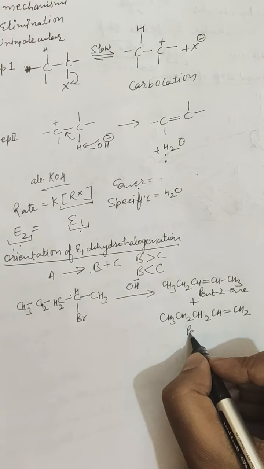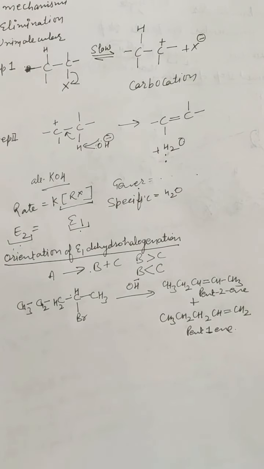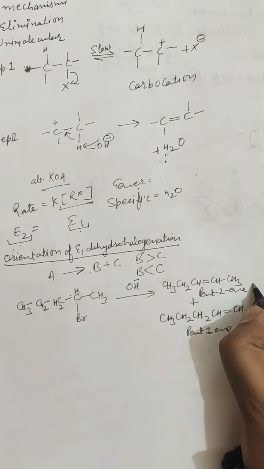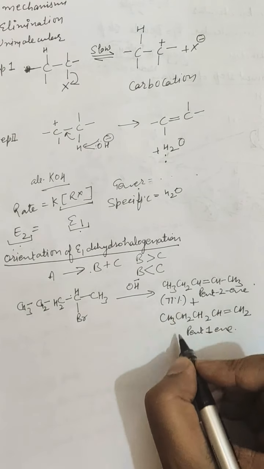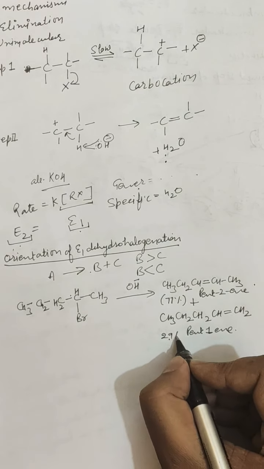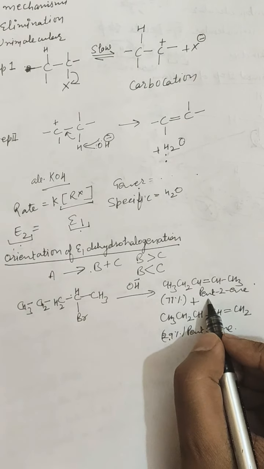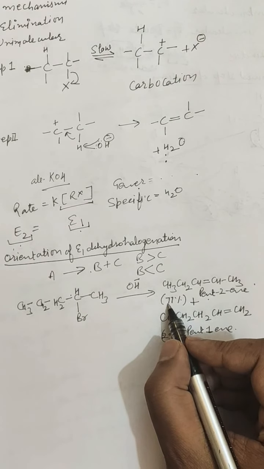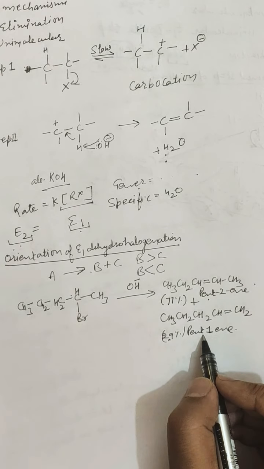Pent-2-ene is formed in higher concentration, that is it is formed at 71% and pent-1-ene at 29%. 71% means out of 100 grams, pent-2-ene is formed at 71 grams, whereas the remaining 29 grams is pent-1-ene.